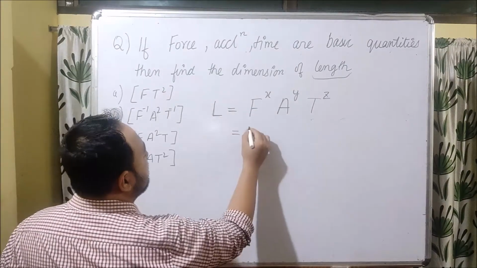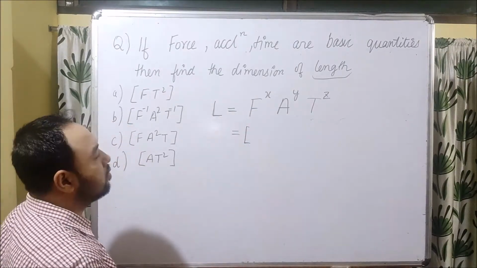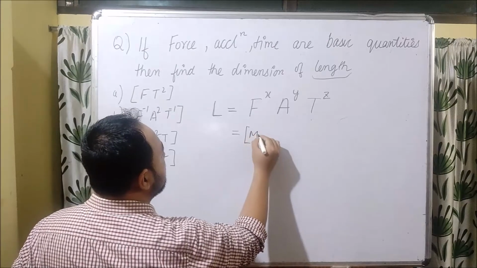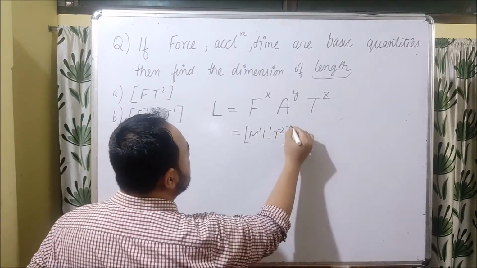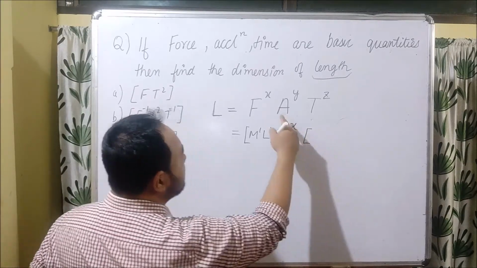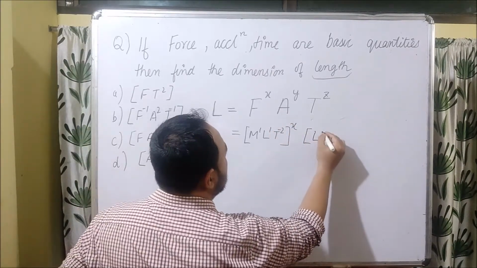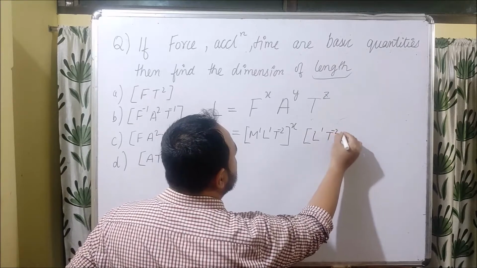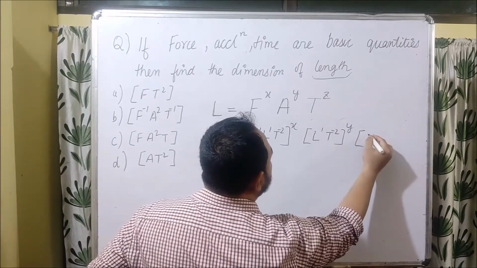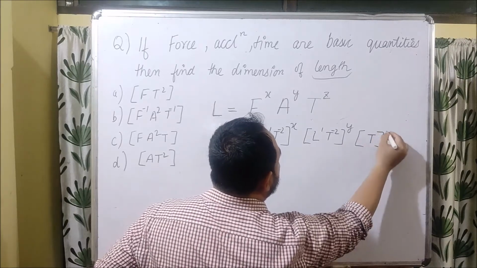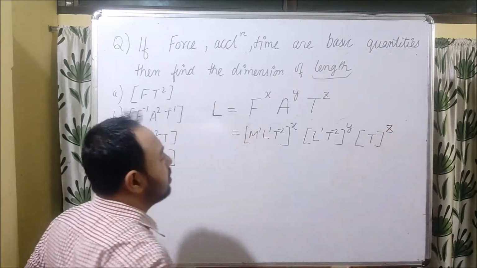Then we'll put the dimensional formula for force, which is m1 L1 t minus 2. Then for acceleration it is L1 t minus 2, to the power y. Then for time it is t. Clear?